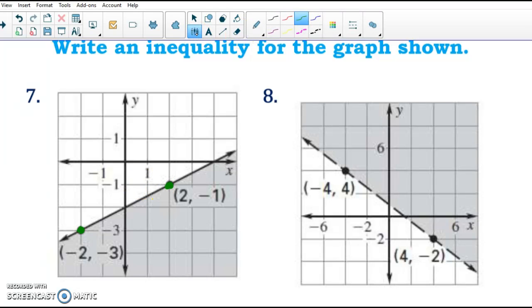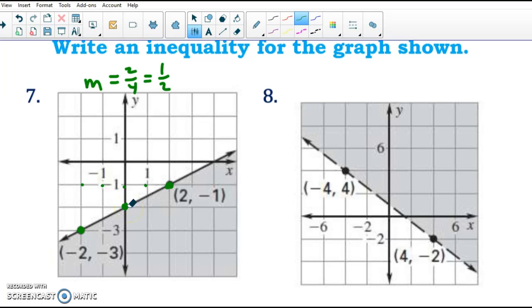So I'm going to use these 2 points, and from this point to this point, I'm going to rise 2 and run 4. So if my slope is 2/4, that would reduce to 1/2. So now I can tell that this would be the exact location of my y-intercept because I can rise 1, run 2.